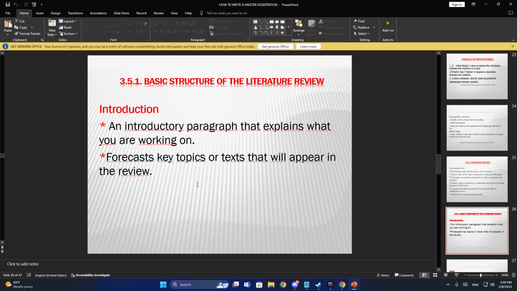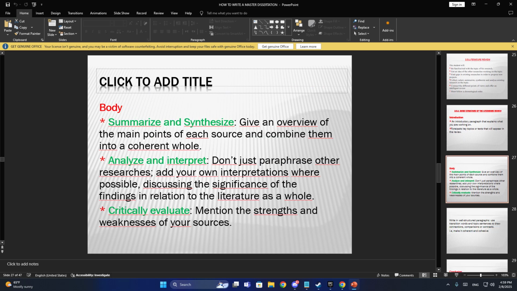Then I go to the body. In the body, of course, I am going to summarize and synthesize all the previous research I have gone through. Here I will give an overview of the main points. I always focus on the main points of each source and combine them into a coherent whole.